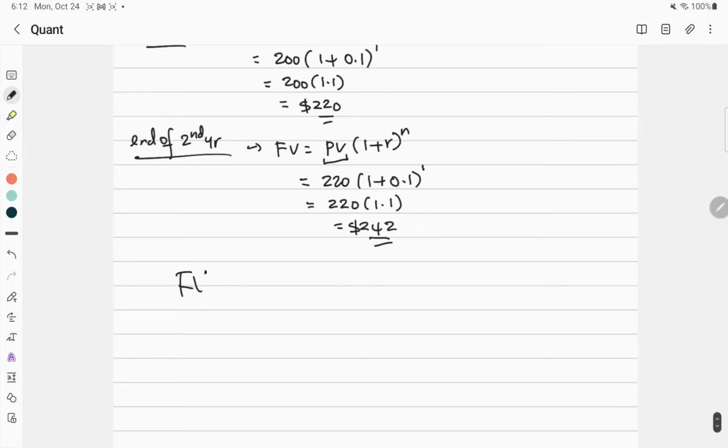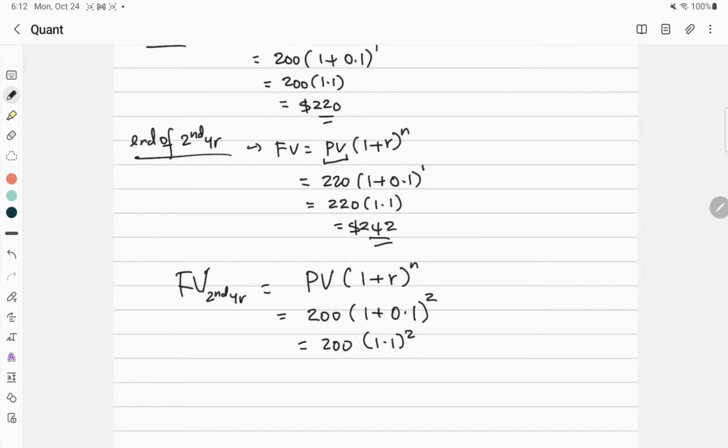The future value at the end of the second year is the present value, which is our initial investment, times 1 plus our interest rate per compounding period, or per annum, which is 0.1, raised to 2, since we want to know what that would be at the end of the second year. So this is 200 times 1.1 squared, and this gives us the same $242 as before.